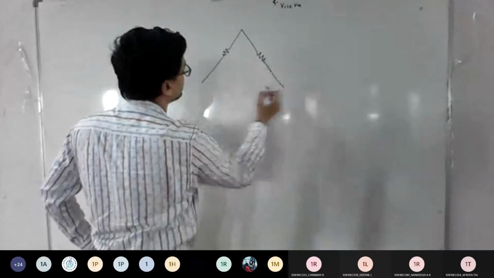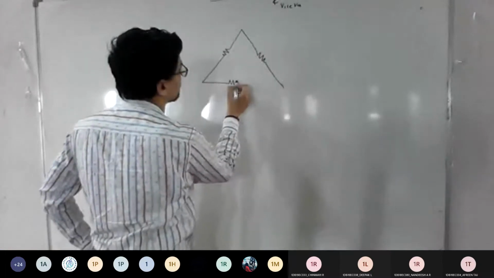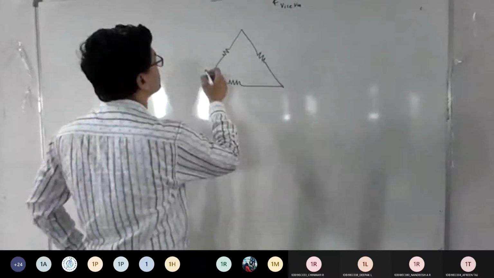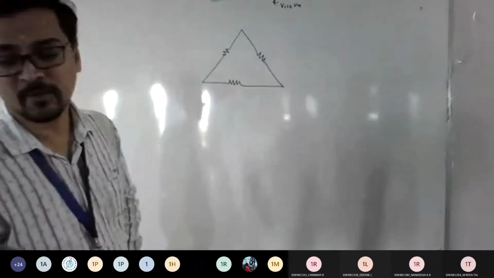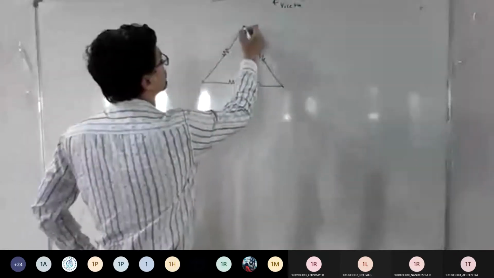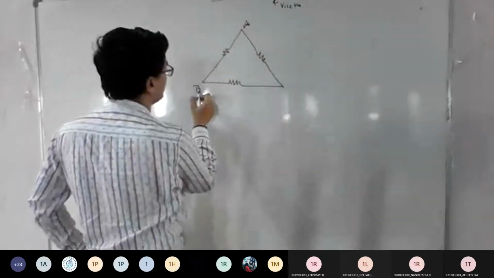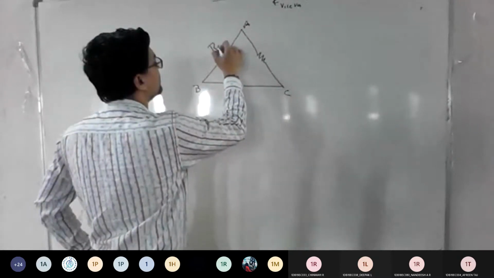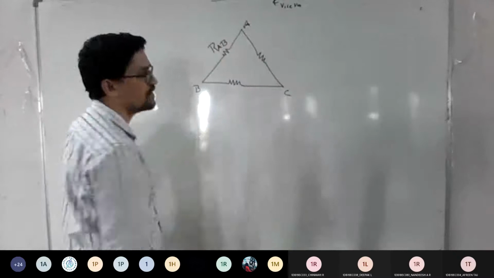Is it visible what I'm writing? If I mark the nodes A, B and C, this is a resistor between A and B, so I'll write RAB.